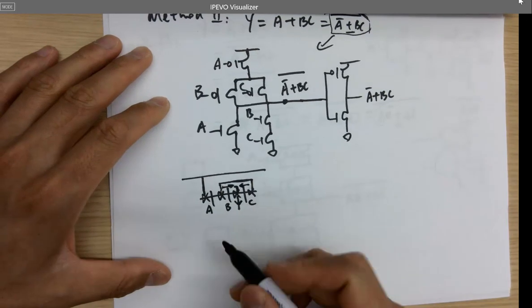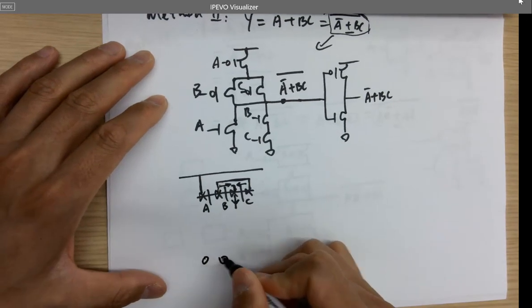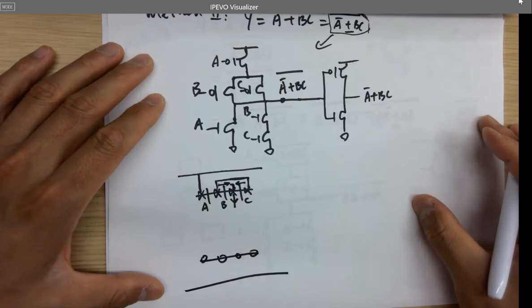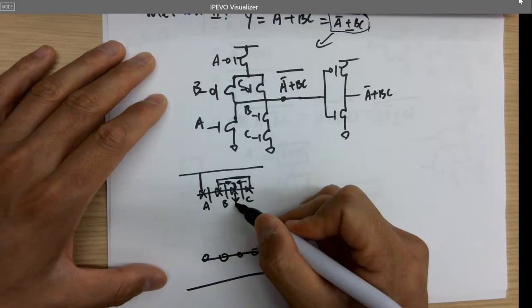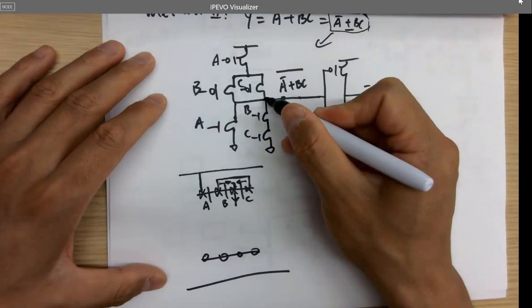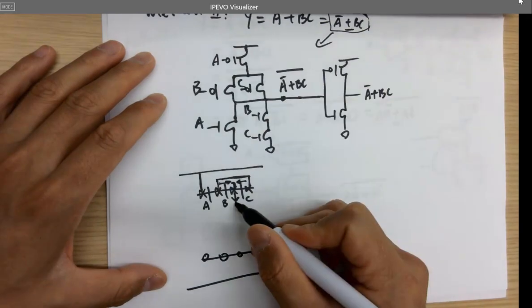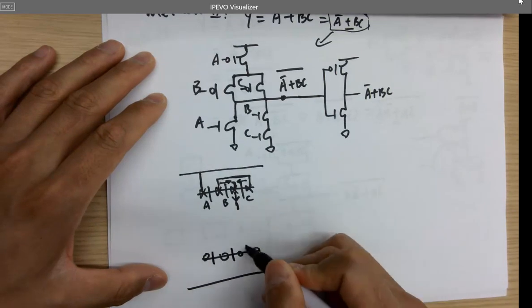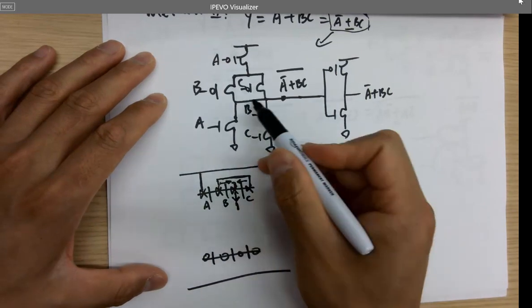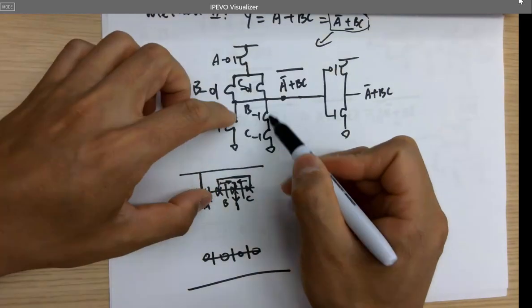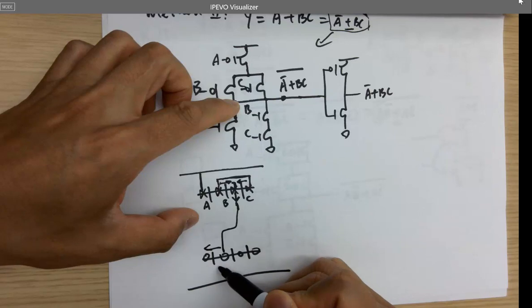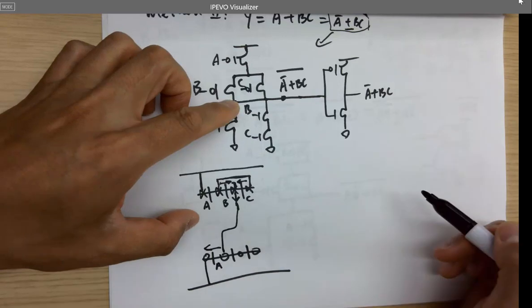What about the bottom, the NMOSes? That's the output. That's this joint here, this node, right? So this node gets split into 2 branches. One runs through A, for example, and goes to ground.